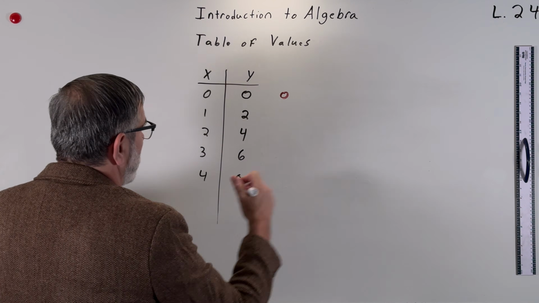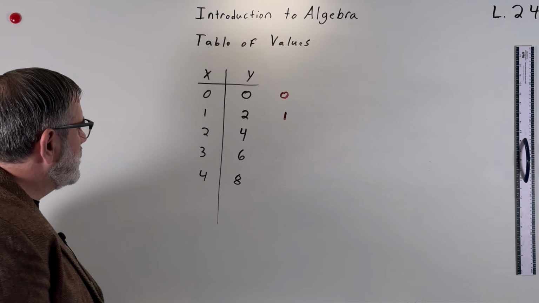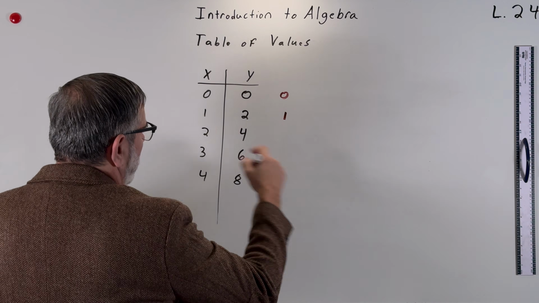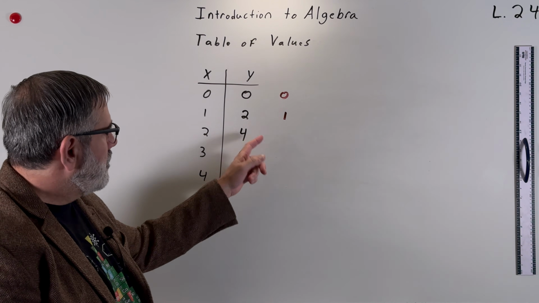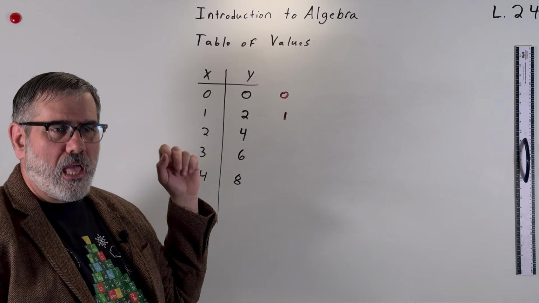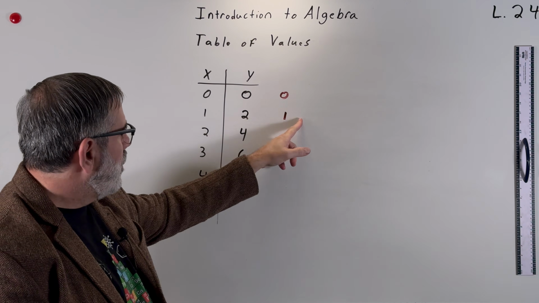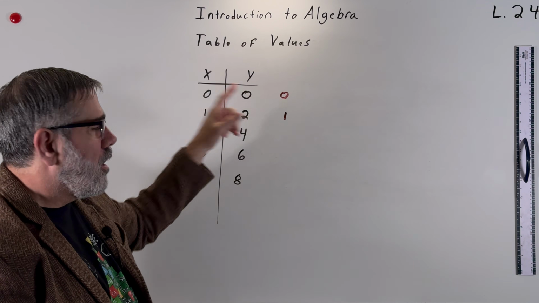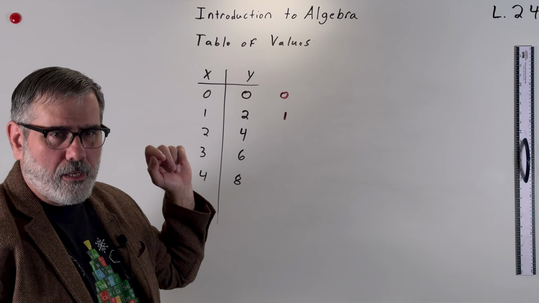Let's do it with the second one. Here we have 1, and we have to turn that into 2. Now we could go the route that we did before and do plus 1, and maybe we'll just do that. But we remember that all the rows have to be the same rule. And if I add 1 to this, then I have to add 1 to the previous row, in which case this would be the wrong y value. It'd be 1 instead of 0, right?